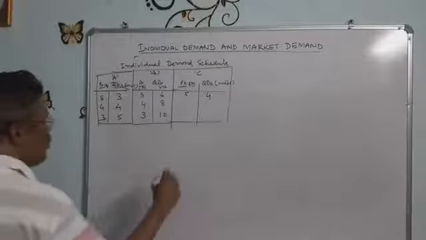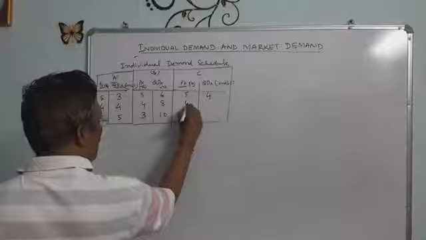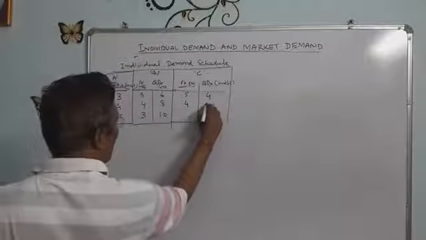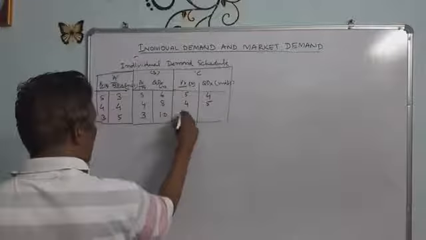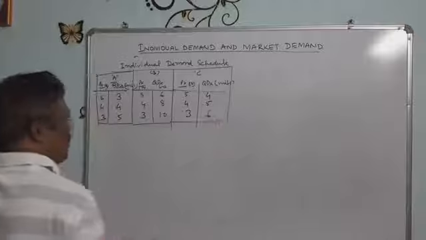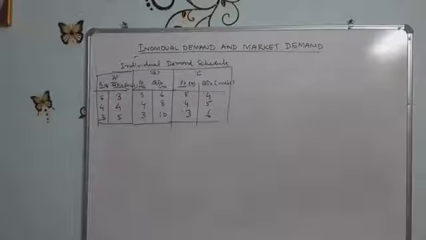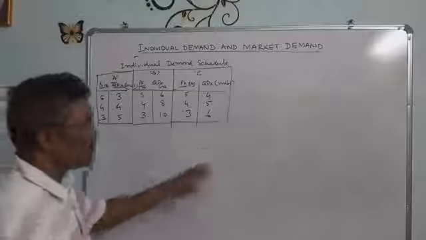At the next price, the quantity of demand is 5 units, and at price 3, the quantity of demand is 6 units. This is called the individual demand schedule of A, B and C.